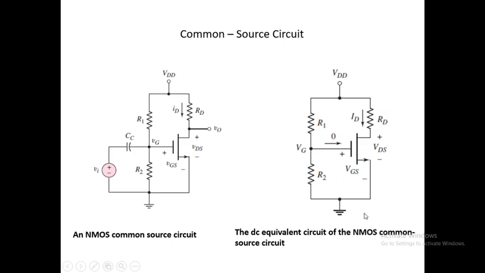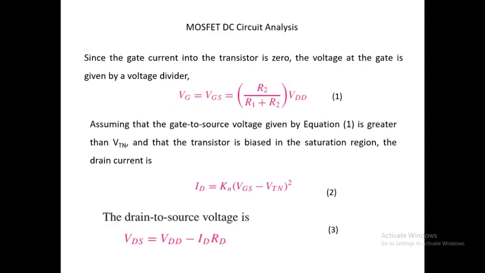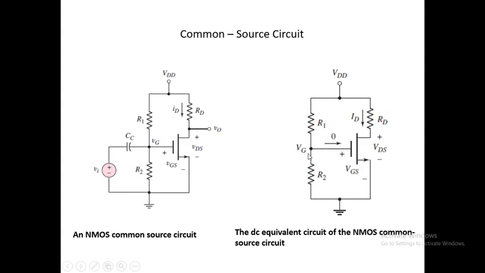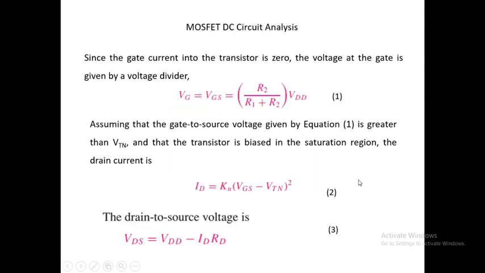Now we have to apply KVL and KCL to this, and we have to derive the equations for ID and VDS. So by applying the voltage divider rule at the terminal VG, we can write VG is equal to VGS, which is equal to R2 into VDD divided by R1 plus R2.